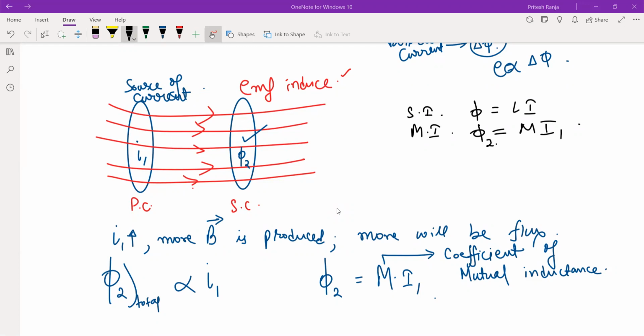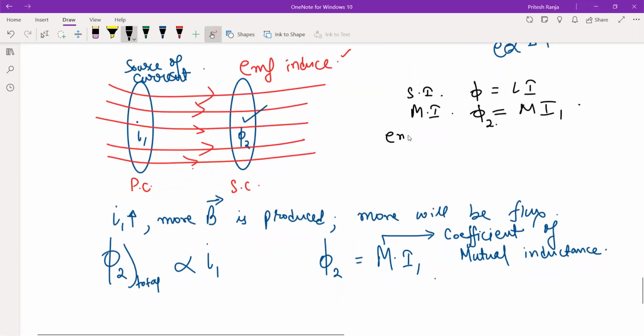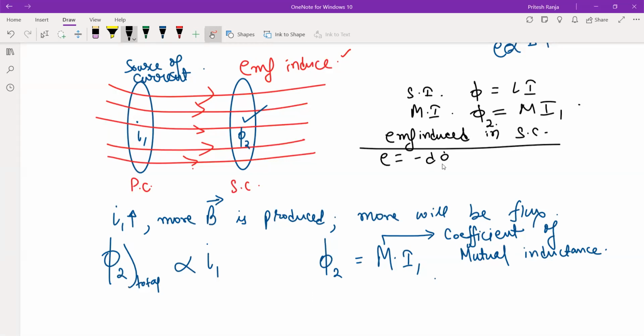If we want to figure out the EMF induced in coil 2, the EMF induced in the secondary coil, again we are going to use the same expression of EMF, that is negative d phi by dt. Phi means we are going to take the total flux, that is phi 2 in the secondary coil.